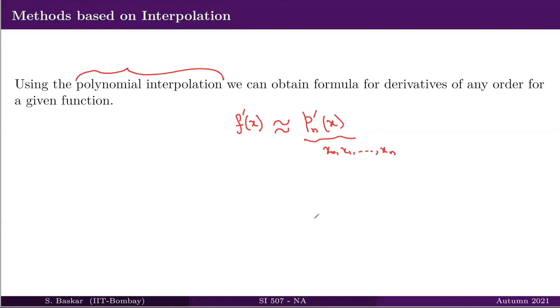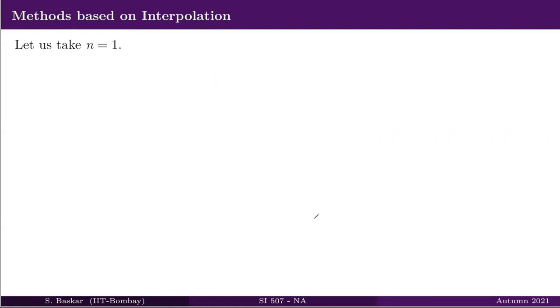And the method of generating finite difference formulas using interpolation should not be very difficult for us, because we have done such exercises in the numerical integration section itself. Let us just illustrate this idea with some particular cases.